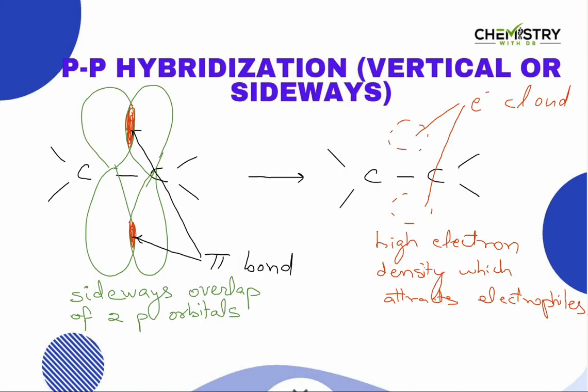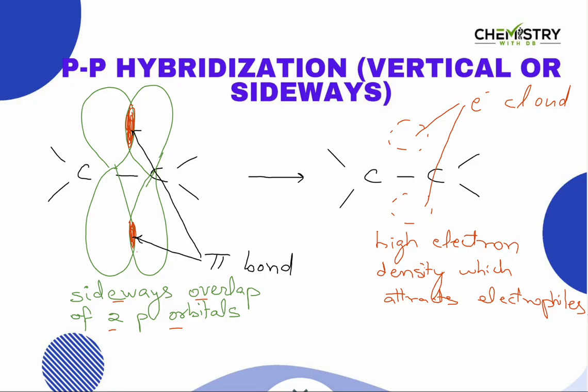Now let's see how a pi bond comes into play. A pi bond is formed through a sideways overlap of 2 p orbitals, which is like this, py. Now you can see that the shared area is the pi bond, and the shared electrons in the pi bond are away from the nuclei.